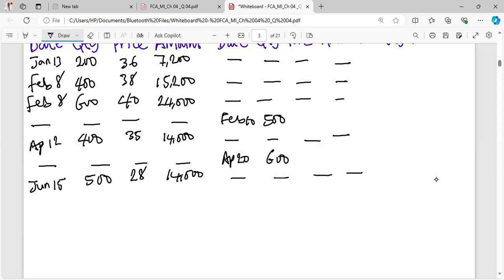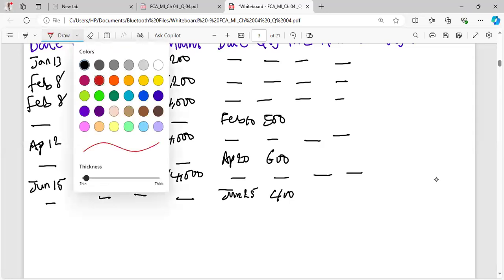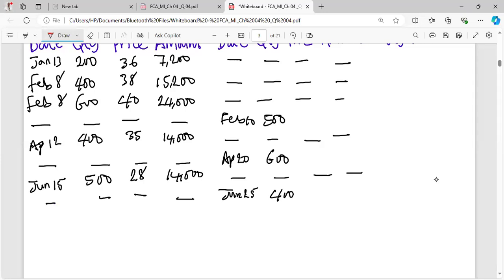After that, we have June 25, which is 400. Of course, here will be dash, dash, dash, and dash. And the next one is June 30, which we call the last day.